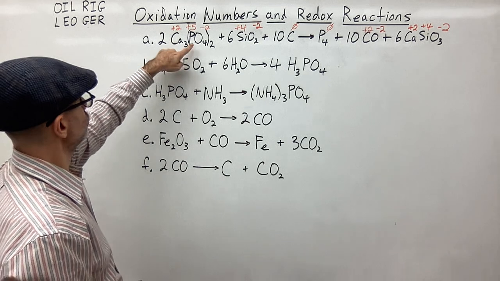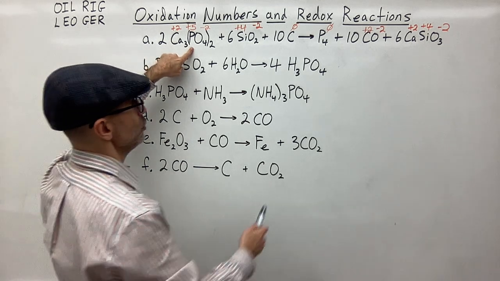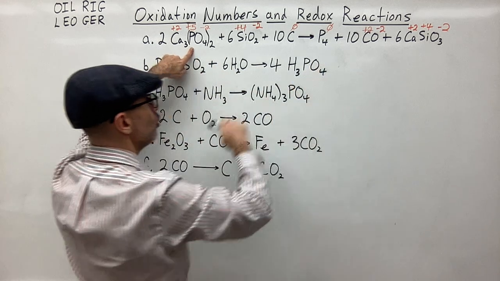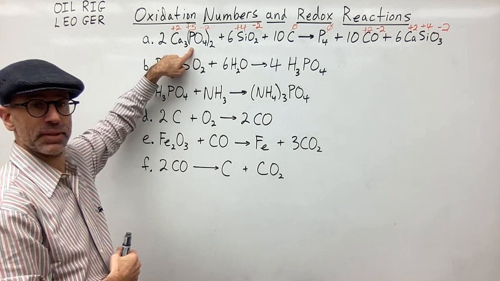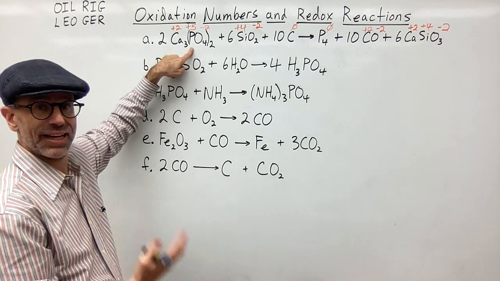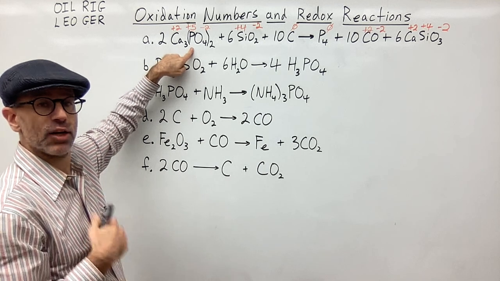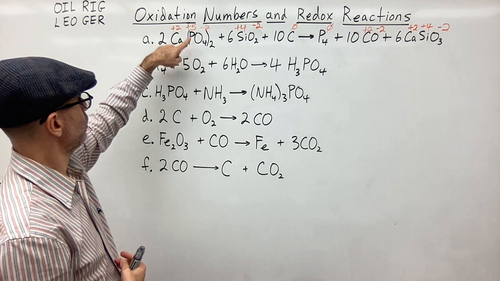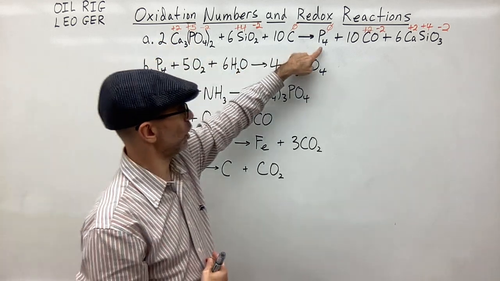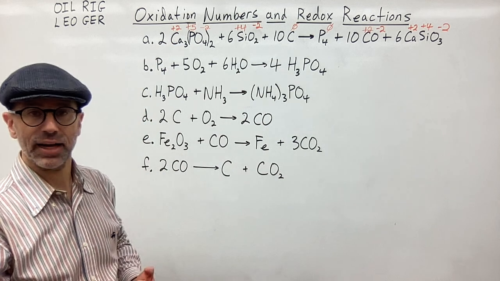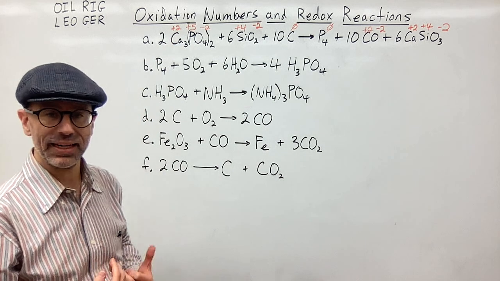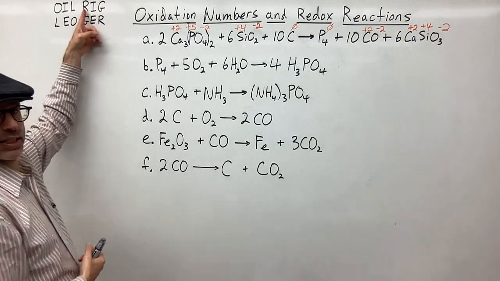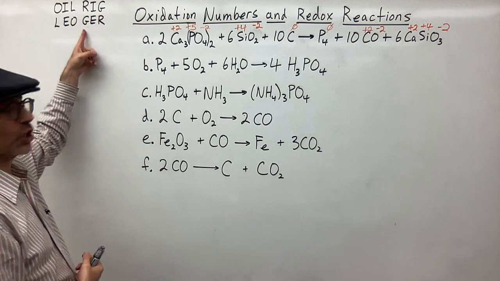Phosphorus goes from a +5 to 0. So it became less positive, or another way to put it, it became more negative. Less positive or more negative. In order to do that, it had to gain negative electrons. So to go from +5 to 0, it had to gain negative electrons. So gaining electrons is what? RIG. Reduction is gain of electrons, or GER.